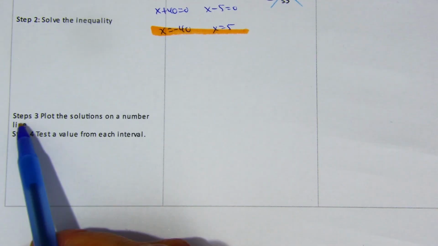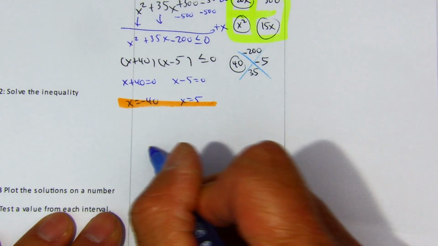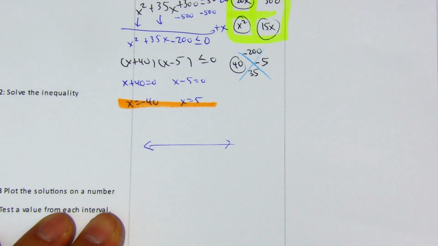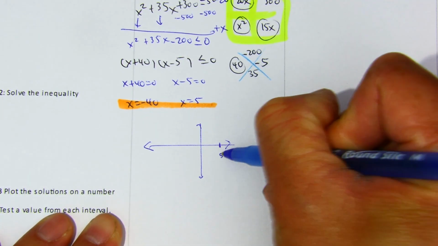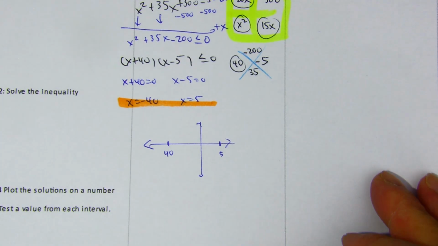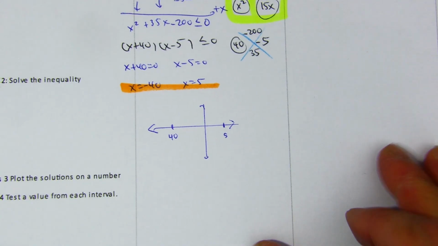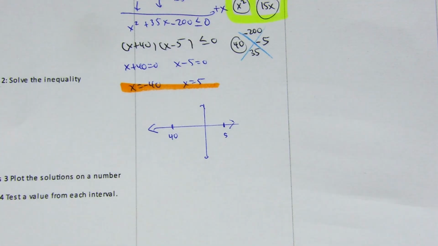Step number 3, plot the solutions on a number line. So let's go ahead and do that. Here is negative 40 and here is 5. And so now we want to test the inequality. We want to know where they're true and false.